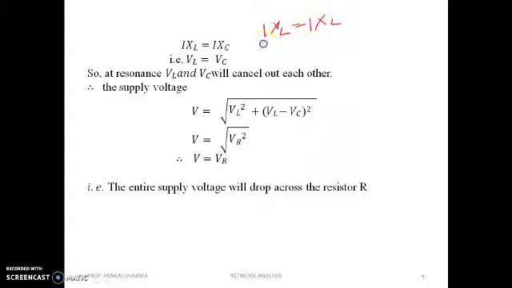It will become the voltage across the inductor, that is VL, and this is the voltage across the capacitor. So the voltage across the inductor becomes equal to the voltage across the capacitor.